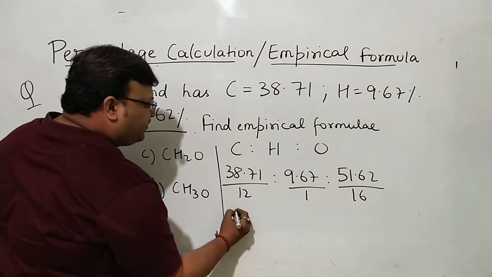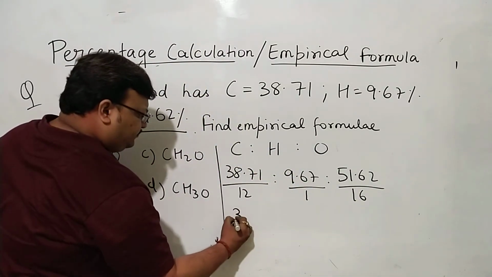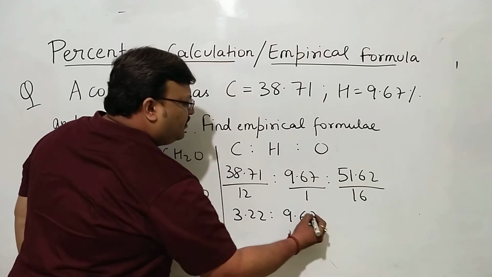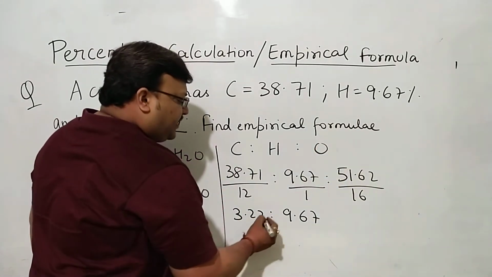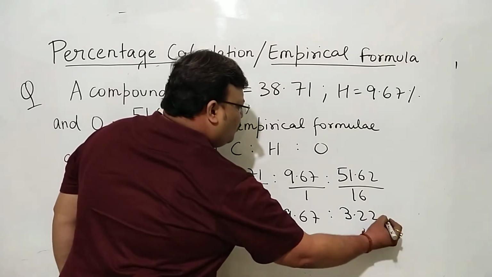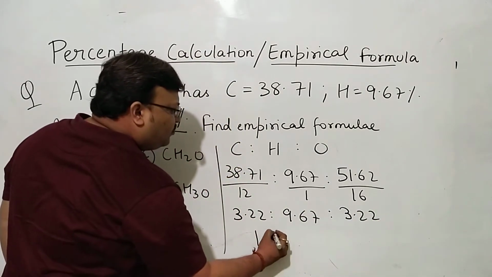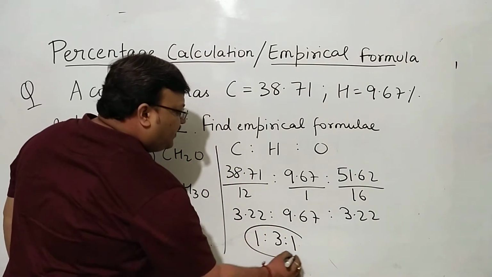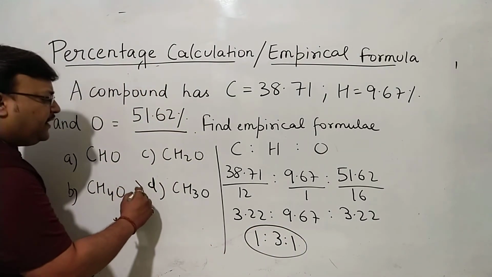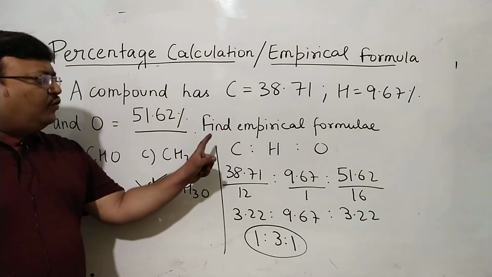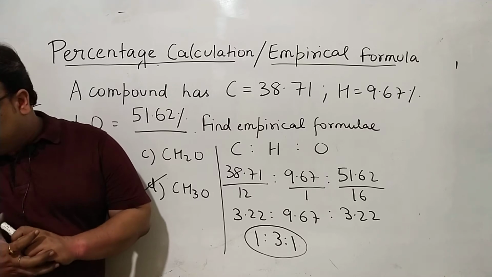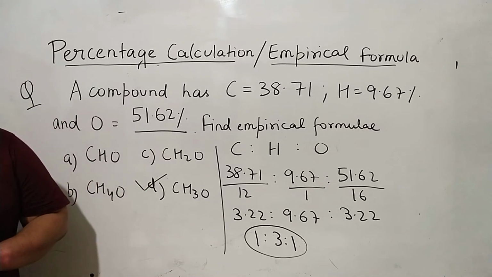And when you do the calculation, this will be roughly 3.22 to 9.67, which is 9.666, to 3.222. So this is a ratio which is like 1:3:1, and naturally option D, CH3O, would be the correct empirical formula of this particular compound. We'll want to move to another question.